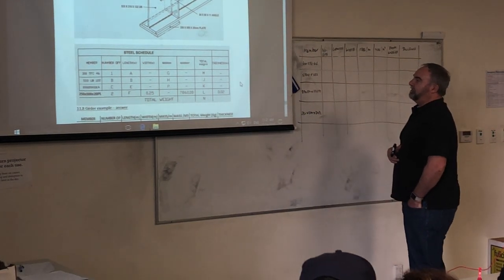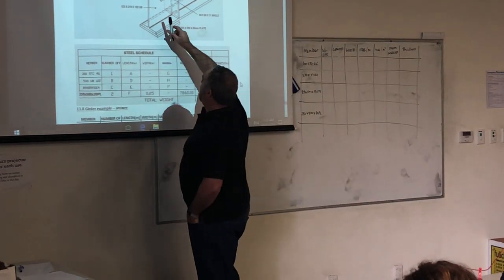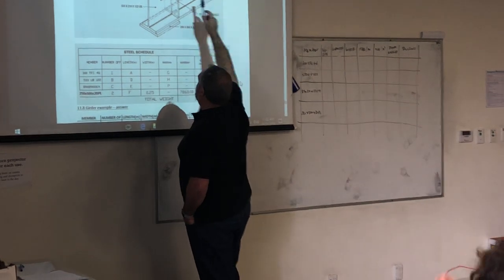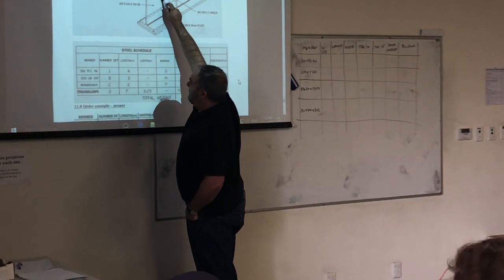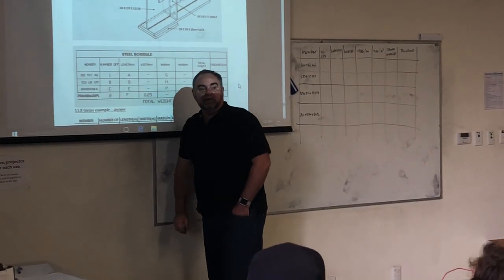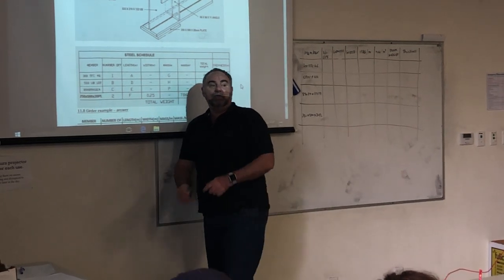So the number of, basically there is one of these universal beams going all the way through to the other end. There's one of these TFCs going through to the other end. TFC is another multi-choice question. Tapered flange channel.